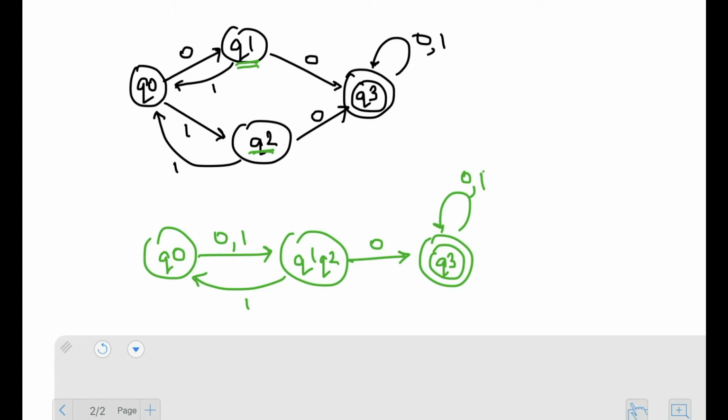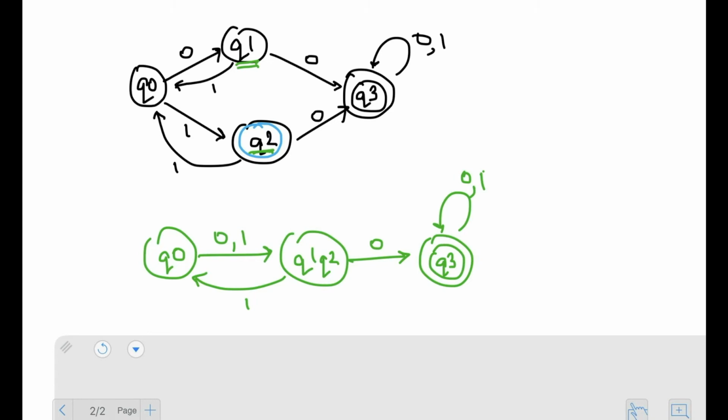Now, one very important thing to remember here is that all of this changes if I make Q2 a final state. Now I cannot say that Q1 and Q2 are equivalent because one of them is a final state and one of them isn't.